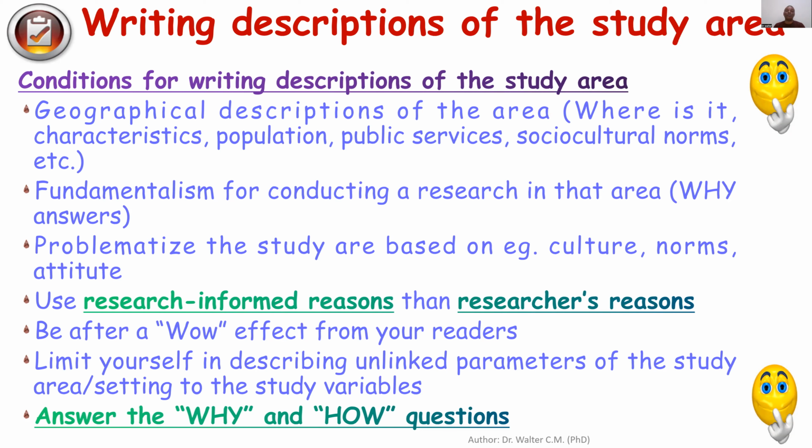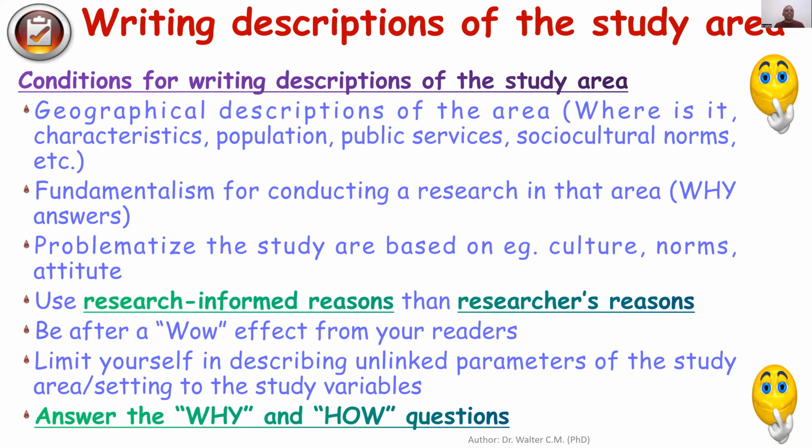So you need to inform them because your work will be read by various people from different locations, from different areas around the globe. So you need to describe the characteristics of the geographical location, which means at least you show where it is found, and what is the characterization of the population.